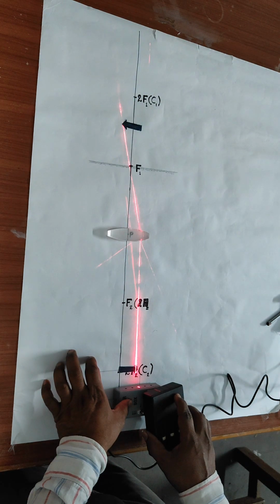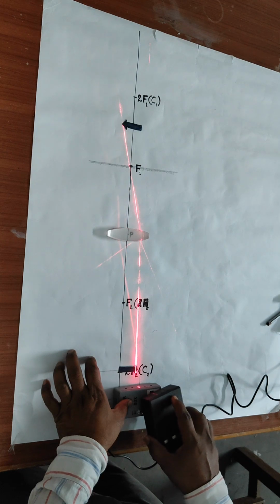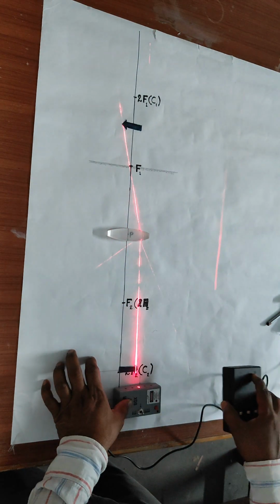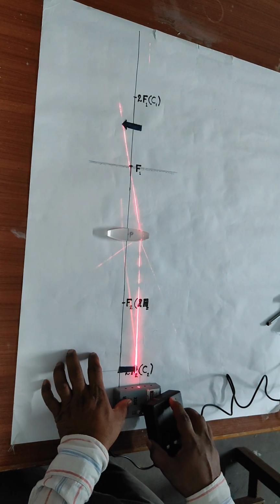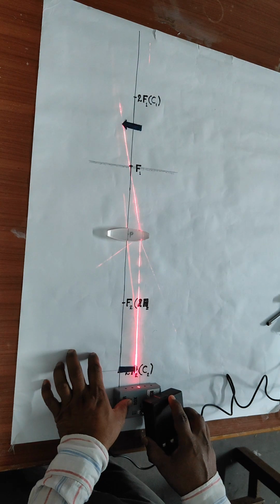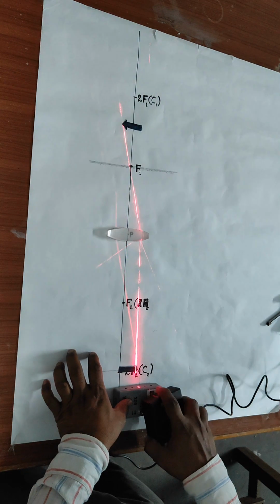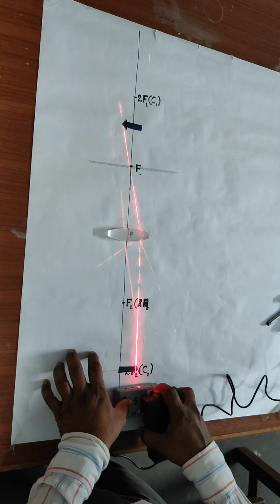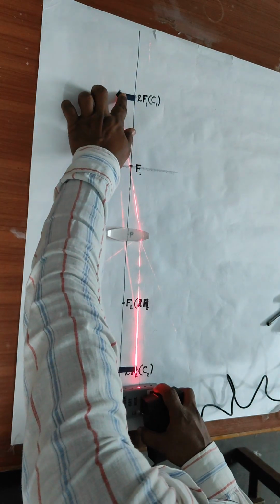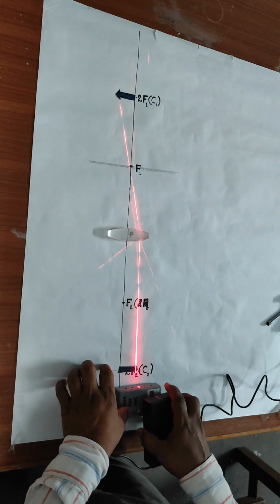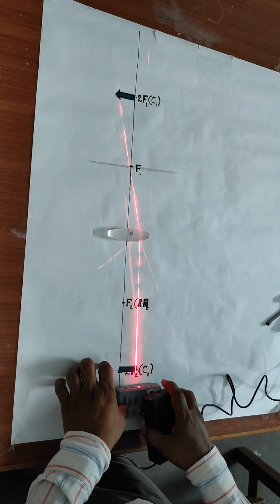It is undeviated. This is the second ray, passing through the optic center. So observe the refracted rays. See here, exactly the refracted rays meet at the center of curvature.